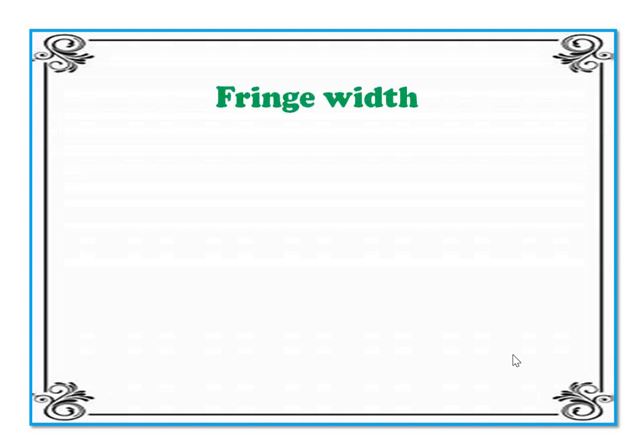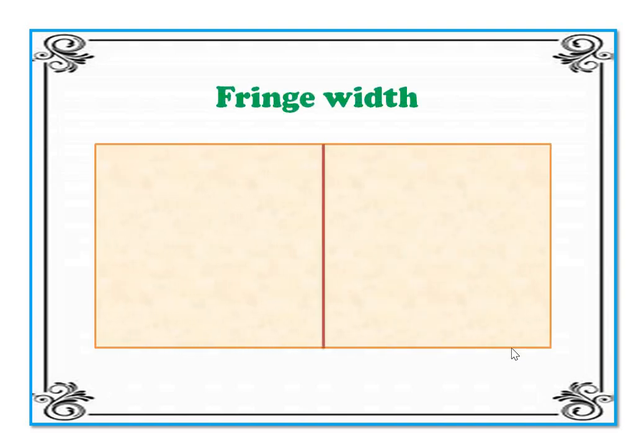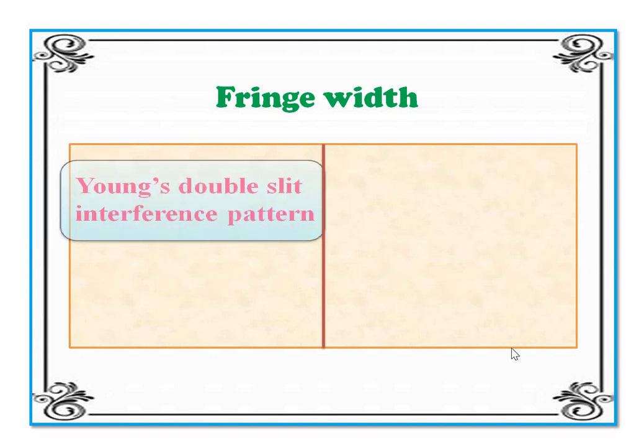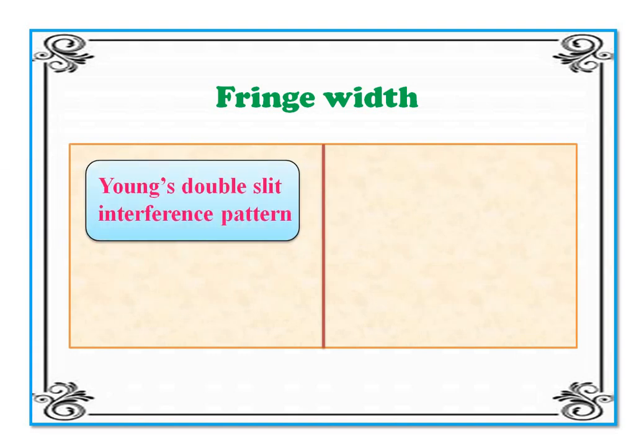In case of fringe width, Young's double slit interference pattern has the formula capital W equals lambda capital D divided by small d. Here capital W is the width, lambda is the wavelength, capital D is the slit to screen separation, and small d is the slit separation.